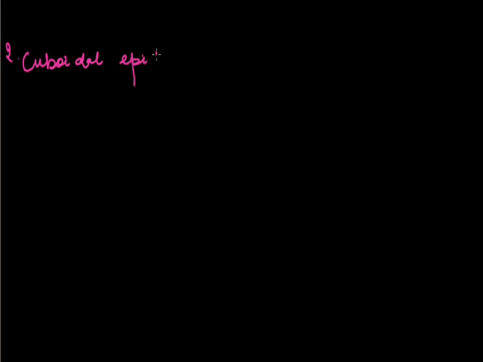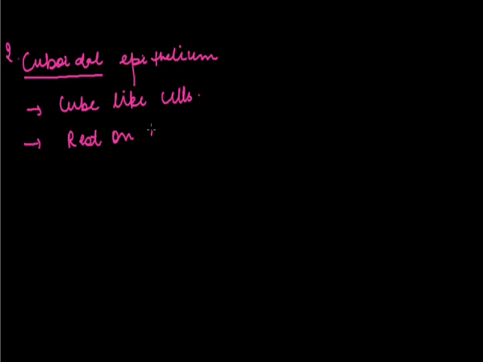Second is the cuboidal epithelium. As the name suggests, cuboidal, they are cube-like cells. Here also they will rest on a basement membrane. Now we'll study the diagram of it. This is the basement membrane. These are cube-like cells.